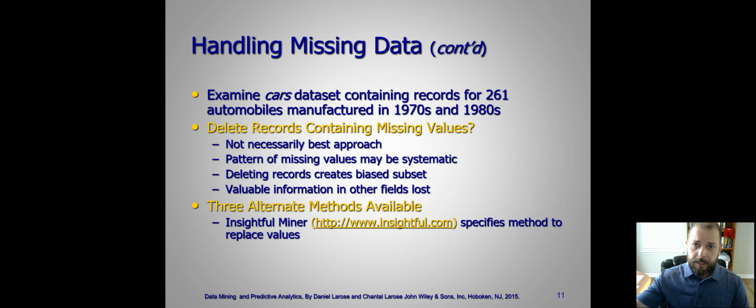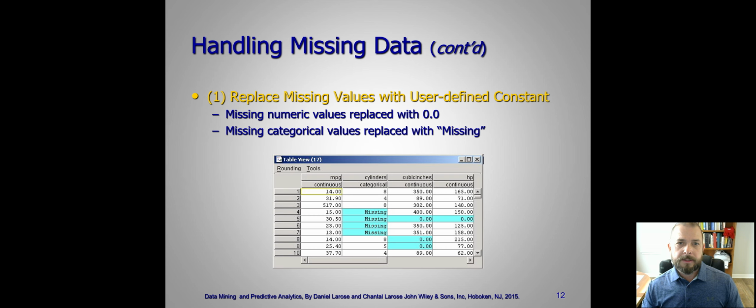If I delete the entire row, I'm not only deleting the missing data that I have, but I'm also deleting other valuable information that might go into my analysis. So there are three alternative methods that you might consider.